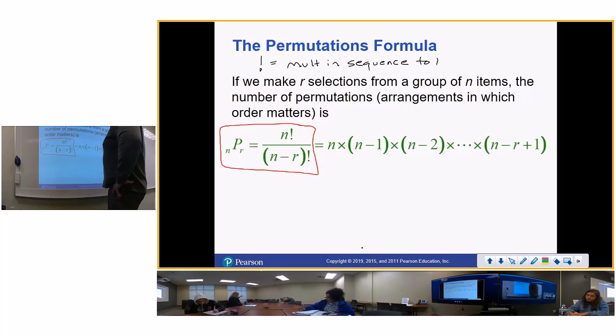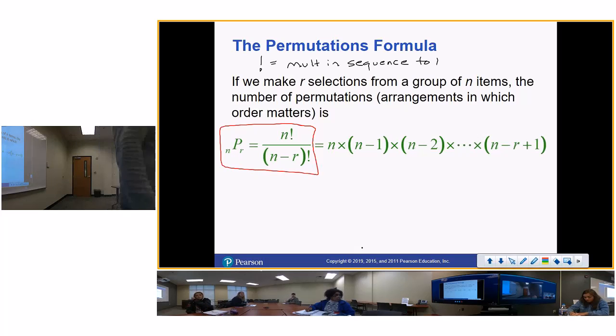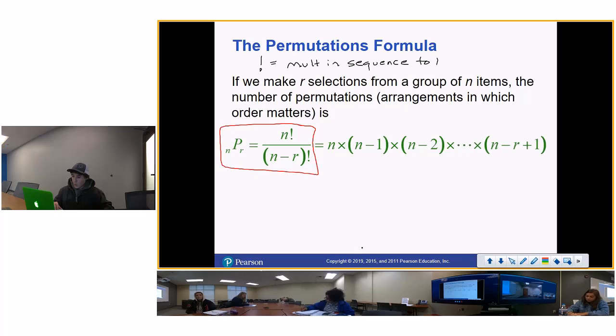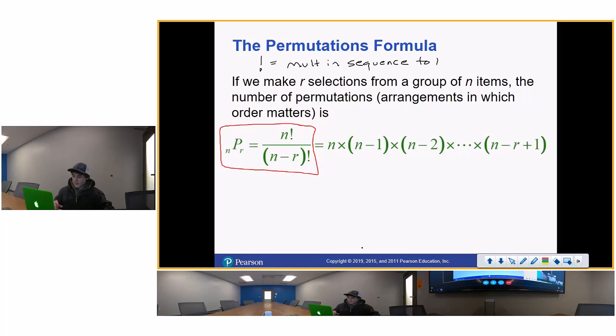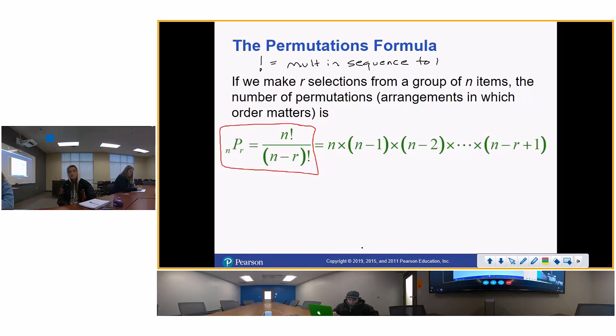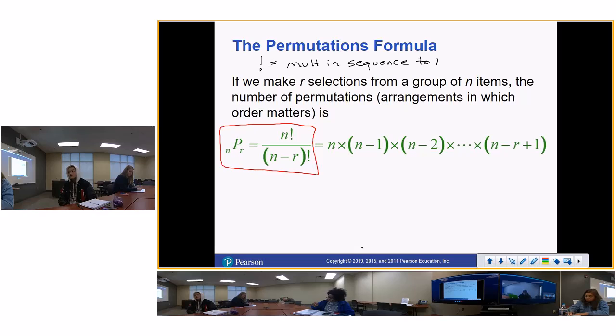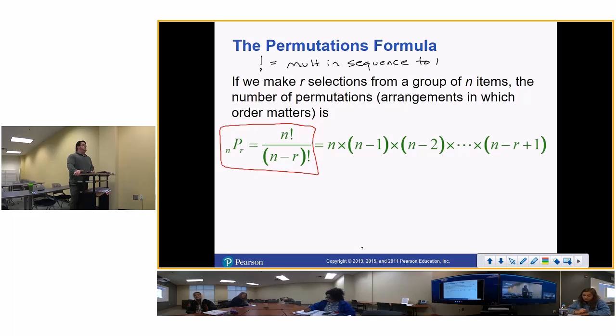Okay? Why didn't I go to 0? Why doesn't the rule go to 0? Well, because anything times 0 is 0, and that 0 would cancel everything out. So 100 factorial would be 0, and 50 factorial would be 0. So you can't go to 0, you go to 1.